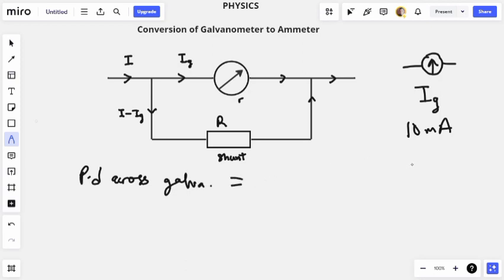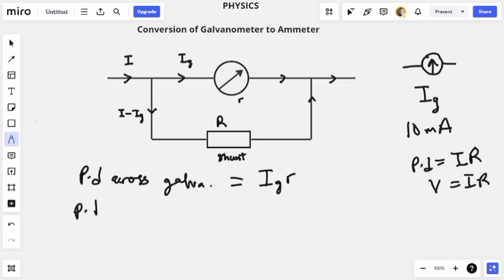You recall that potential difference or voltage equals current times resistance, from Ohm's law. So the potential difference across this galvanometer will be given as the galvanometer current, which is I subscript G, times the internal resistance of that galvanometer, r.